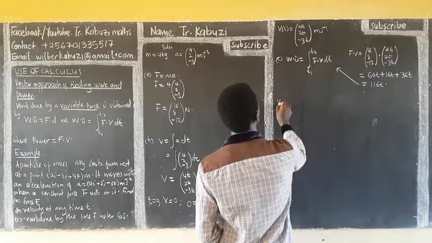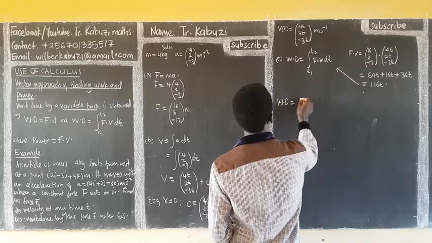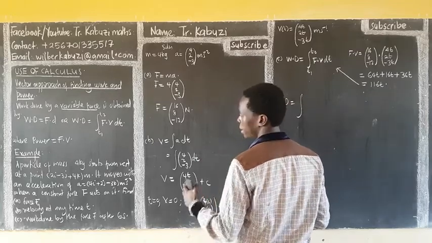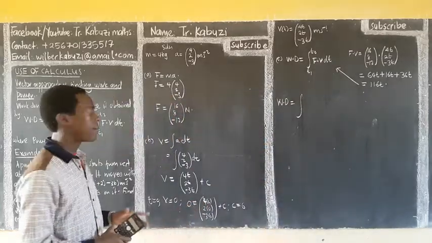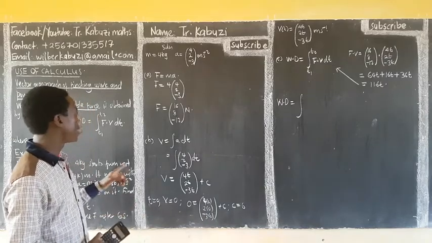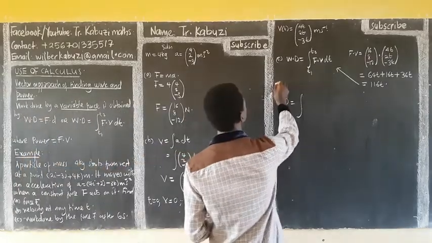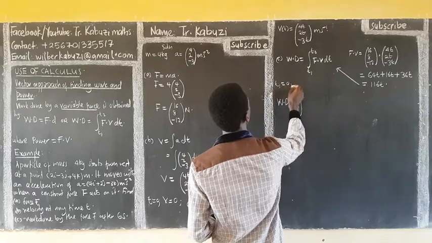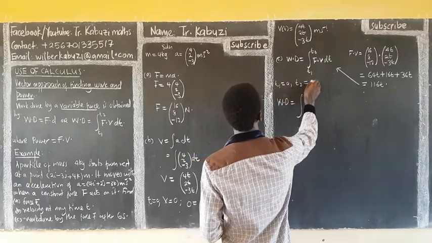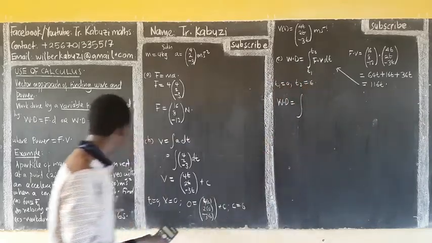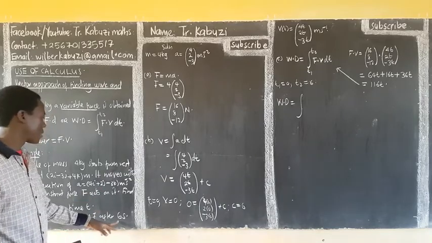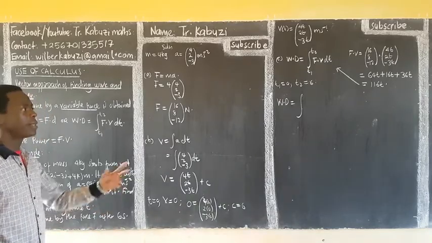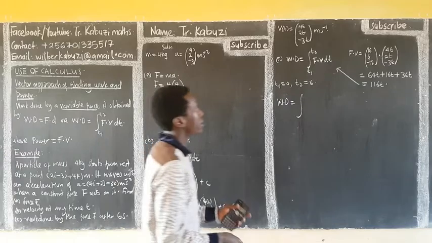So now my work done is going to be from 0, because this body was from rest, so my t1 is 0, and my t2 is 6, because after 6 seconds means from rest, 0 up to 6.